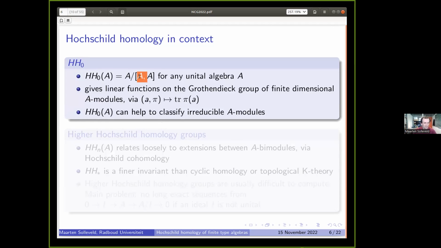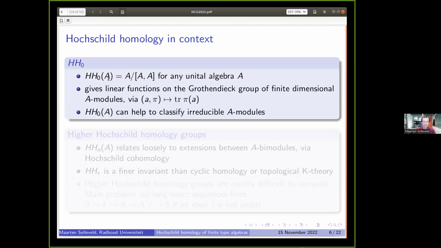And since any commutator has trace 0 on an irreducible representation, if you pair it with the representation via the trace pairing, this gives you a linear function on this HH0. At least if you do it with a finite dimensional representation, so that the trace of the representation is well defined.